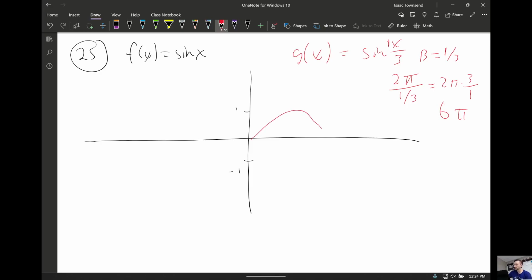So my cheat to this question, it's not really a cheat, but okay, so you agree with me that this is 1 period here? So if I want the period to be 6 pi, I have full control over this x-axis. So I'm just going to say that's where 6 pi is, and that's where -6 pi is.